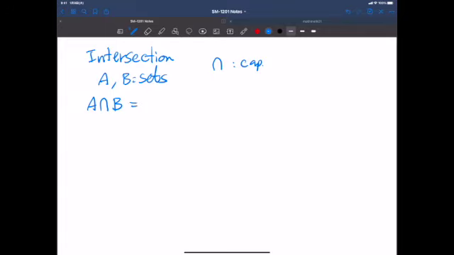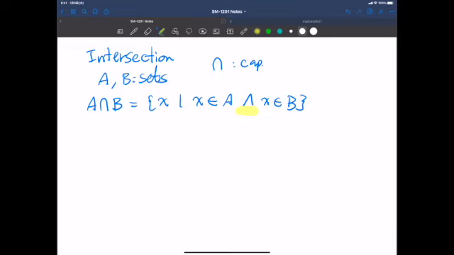A cap B is defined as the set of elements that satisfy this proposition: x belongs to A and x belongs to B. Here we use logical AND, so it's a conjunction.